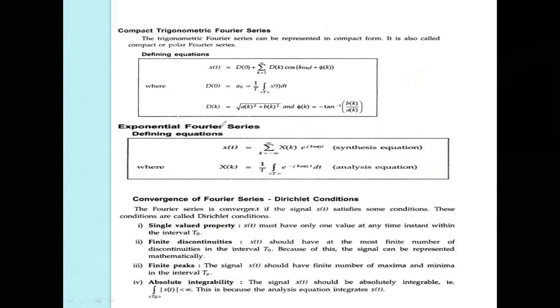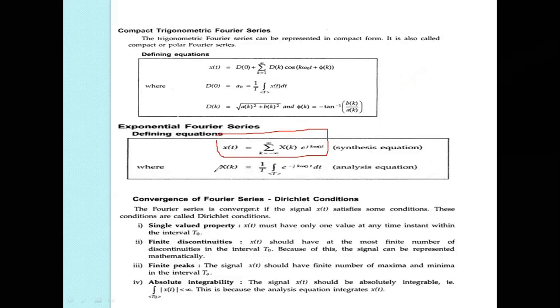Before that, let's see the exponential Fourier series. x of t is equal to the sum of k equal to minus infinity to infinity of x of k e power j k omega naught t.